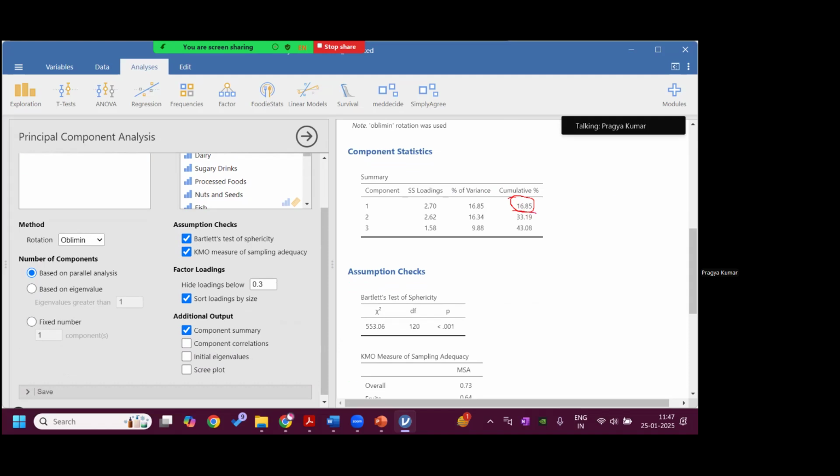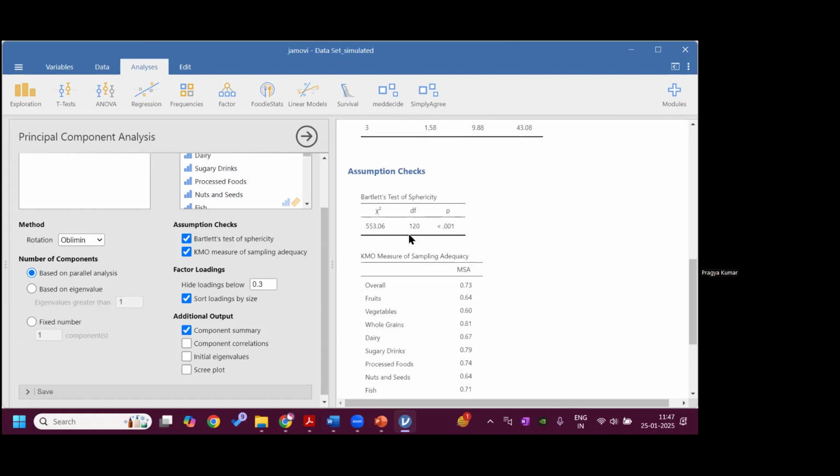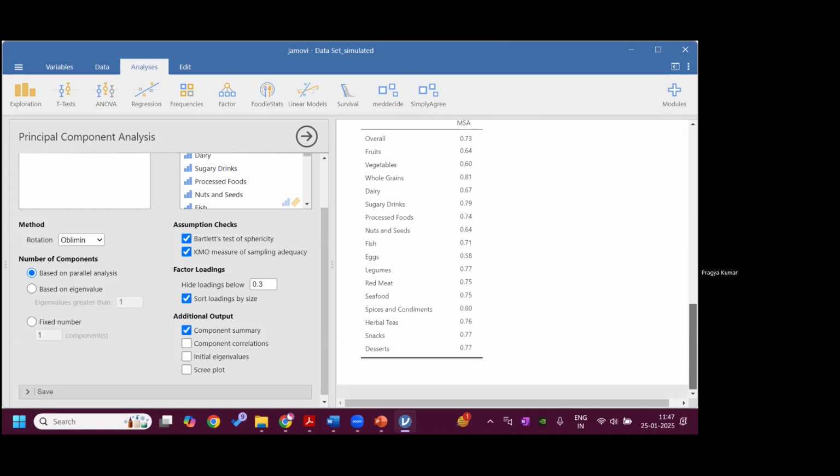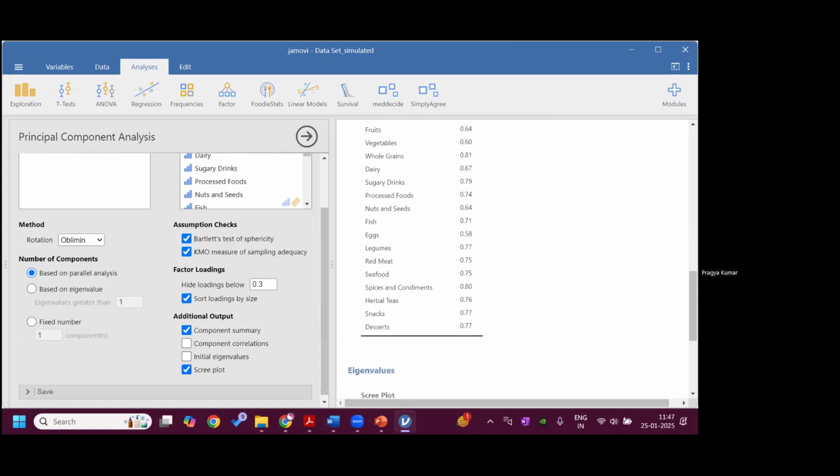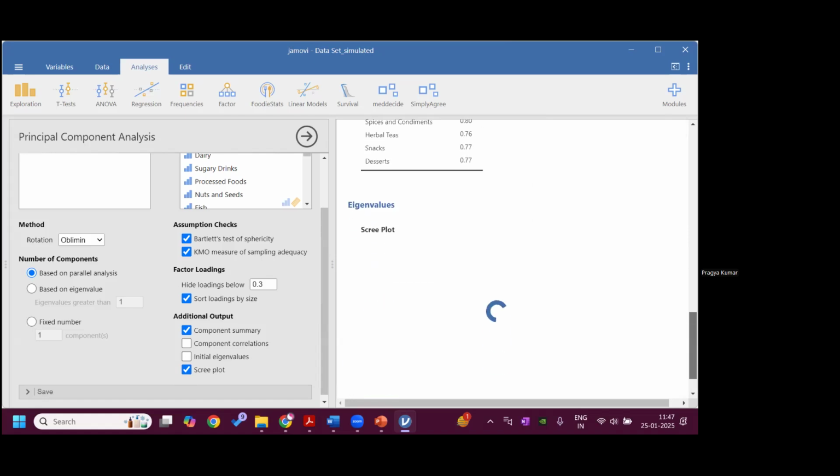Component 2 together with component 1 explains 33%, and all 3 components explain 43% of the variance in the scale. This is just a scree plot, which you can also plot for principal component, and you can copy paste that. So this is regarding the principal component.